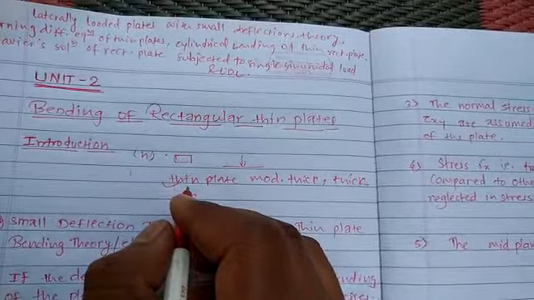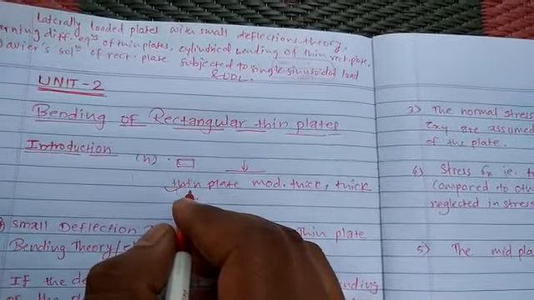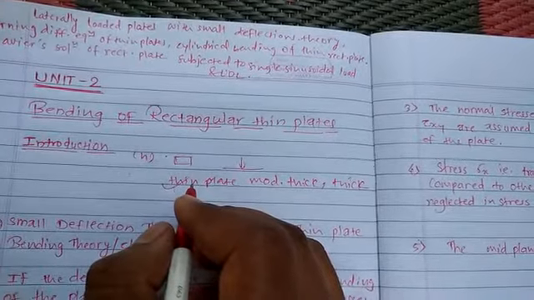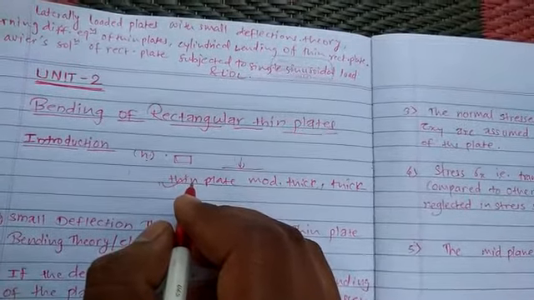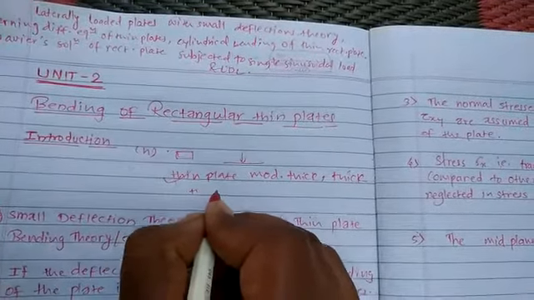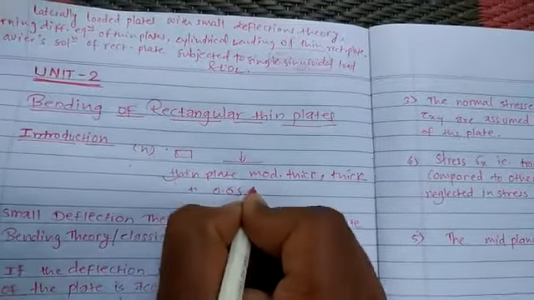A plate can be considered as thin if the ratio of thickness to the lesser of the other two dimensions is less than 0.05.